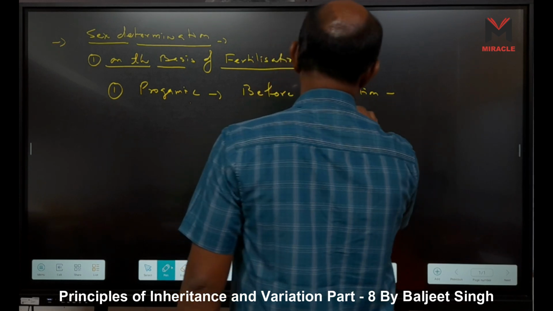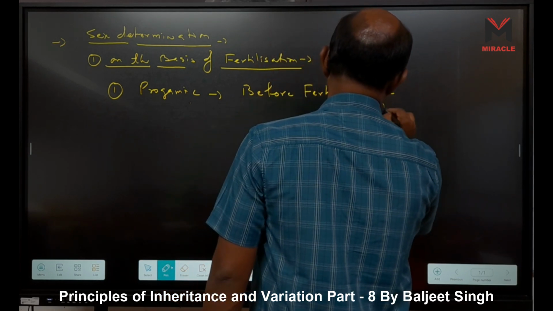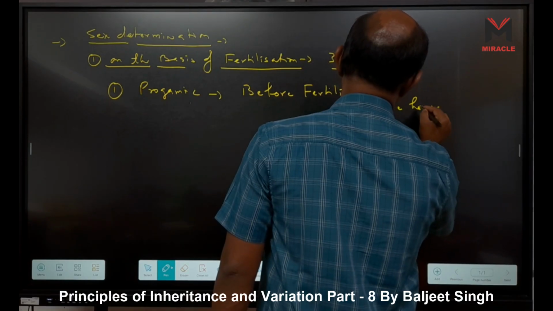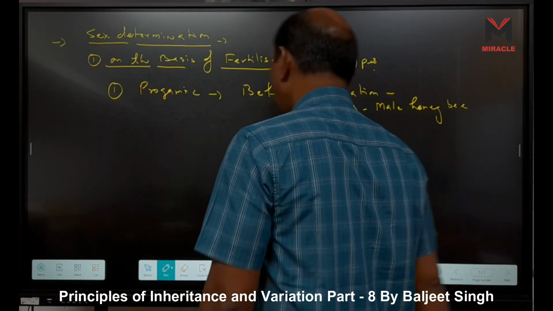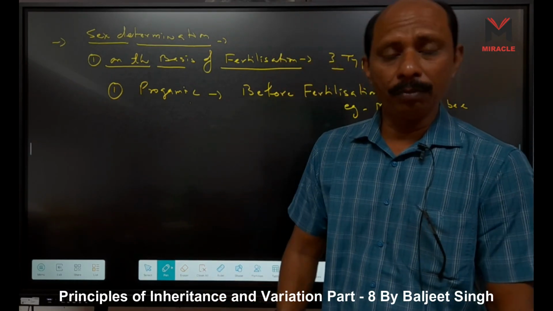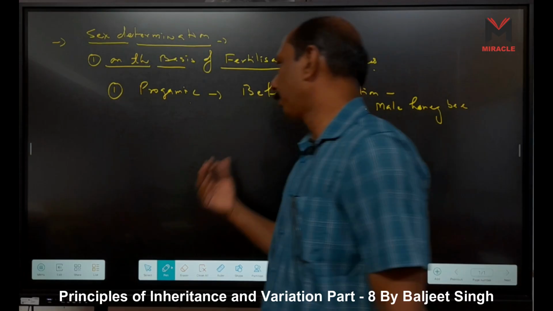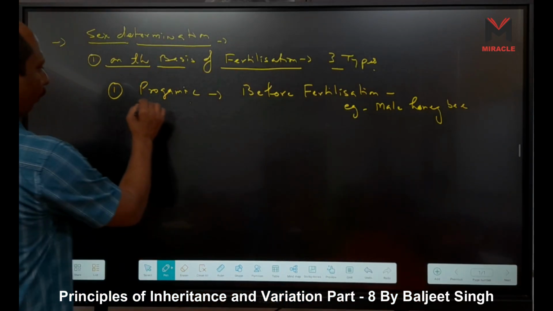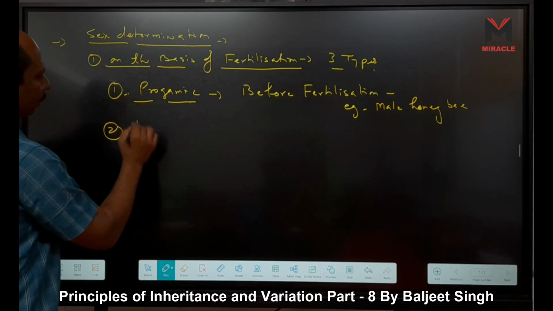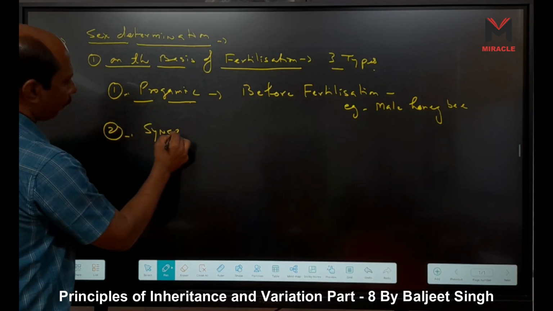For example, in the male honeybee, without fertilization they develop into male. No fertilization occurs, and they develop into male. That's why progamic means male. Now the second is syngamic. Syn means at the time of fertilization.